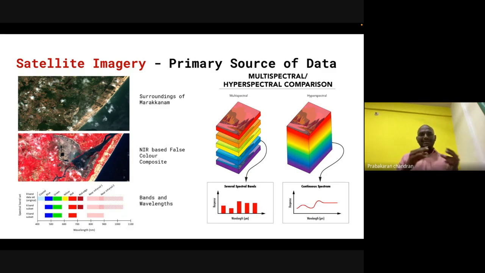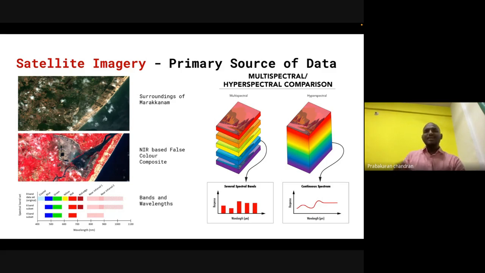The phenomenon is simple. You are sending an electromagnetic wavelength, which differs at the nanometer scale. Based on the characteristics of a particular element on the surface, which could be buildings, water or vegetation, based on their reflectance characteristics, the remaining thing will be reflected.